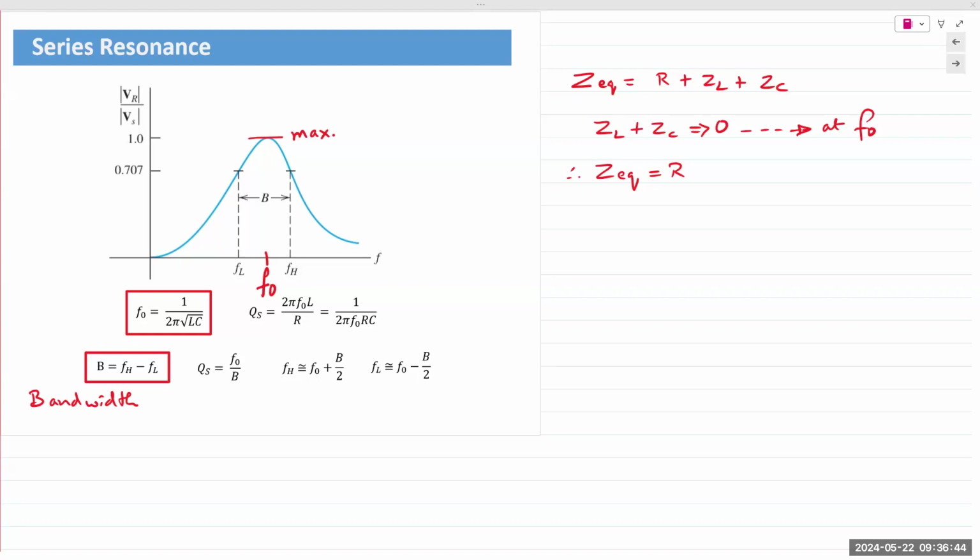There is also a quantity that we use to describe the quality of the filter. The quality basically describes how narrow the band is. Most applications require a band pass filter to be very narrow. If you're tuning to a particular radio station, you want just that one single frequency going in, and everything else should be rejected.